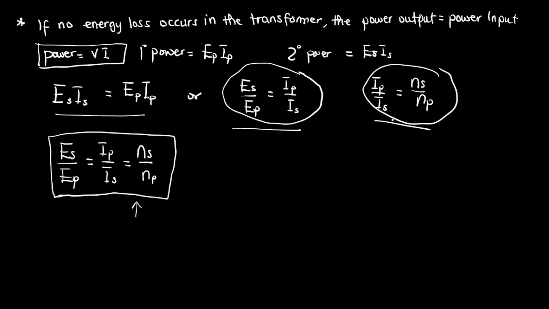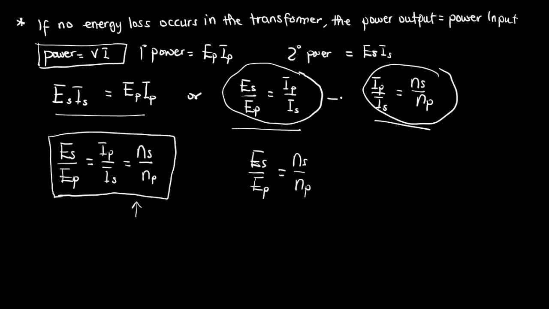Are you okay? And for the current and the number of turns, it is also inversely proportional. But if you take just the EMF and the number of turns, they are directly proportional. You can see ES at the top here, NS at the top here, EP at the top here, NP at the top here. So I can write ES over EP is equal to NS over what? NP. Because they have this in common, it means this is also equal to this.